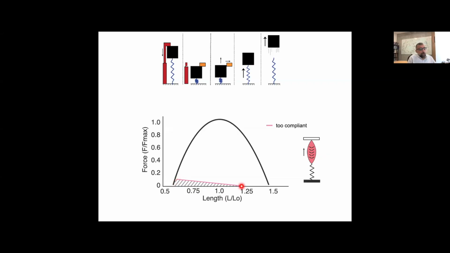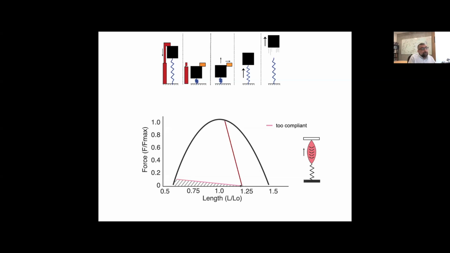As the muscle contracts against the spring, the spring's very compliant. The muscle shortens a lot quickly, but because there isn't a lot of force associated with that spring, there isn't a lot of energy being stored in it. So when it's too compliant, we get to lengths where muscles aren't producing great force before we've been able to load a lot of energy into the system.